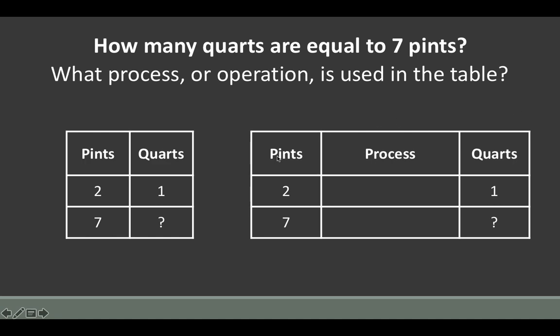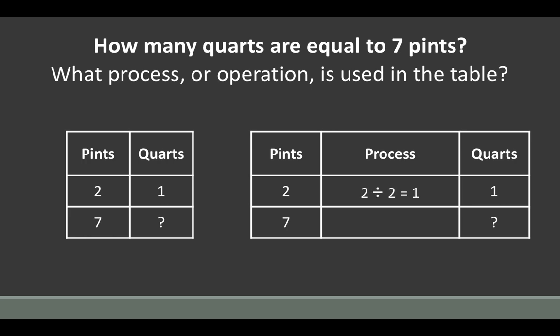Now in this case, to turn 2 into 1, we have to divide. Because knowing input-output tables, if our input is larger than our output, we're going to have to either divide or subtract. But in conversions, you're either going to be multiplying or dividing. So in this case, if our input is bigger than our output, we're going to have to divide.